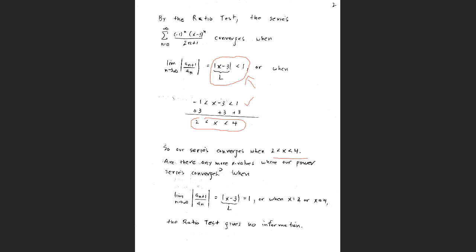But we have to ask the question: are there any more x values where our power series converges? Namely, could the power series converge at the endpoints 2 or 4? At 2 or 4, the ratio test gives no information because the absolute value of x - 3 would equal 1, and when the ratio equals 1, we get no information.